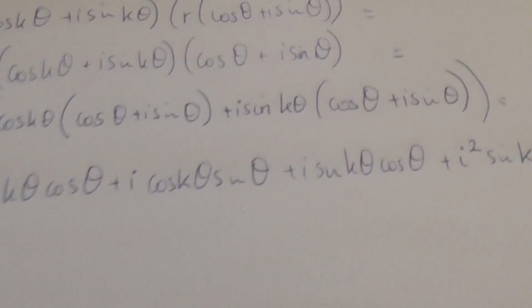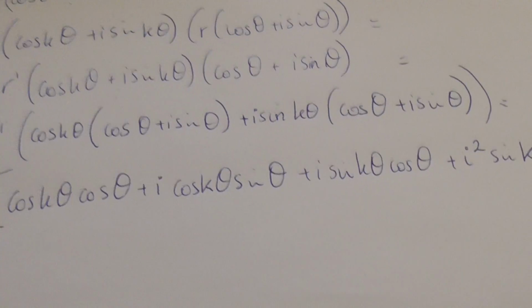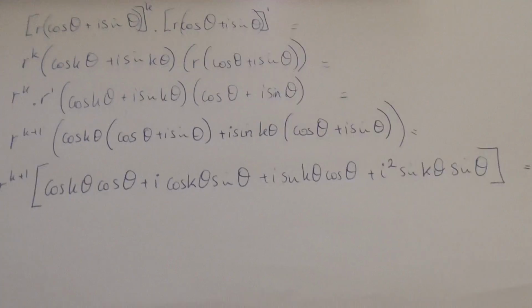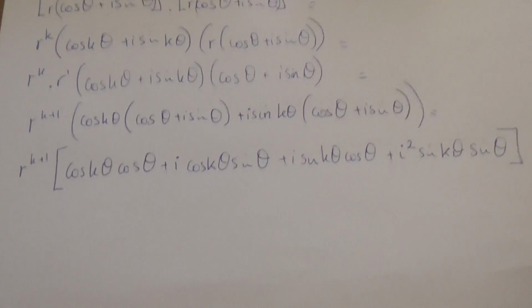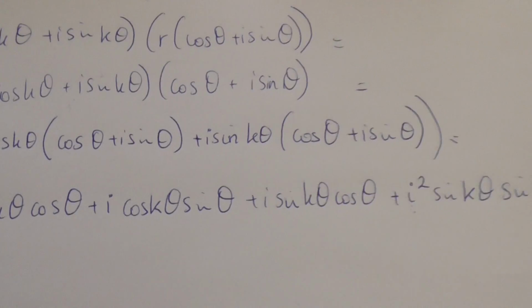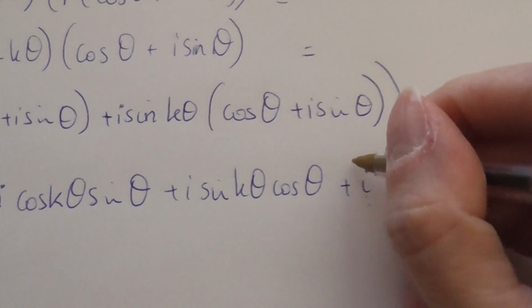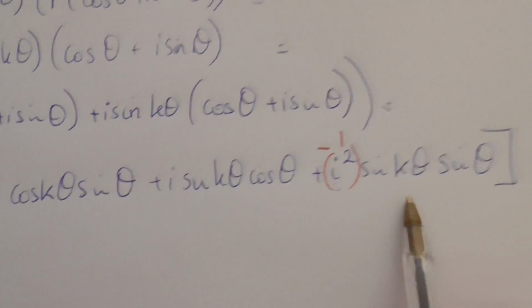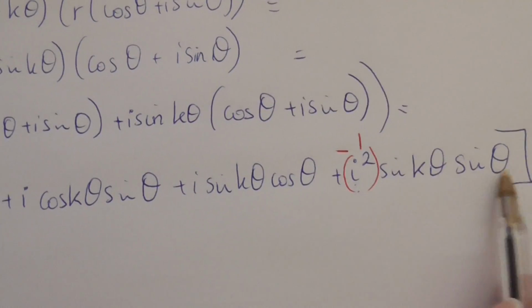Alright. Okay, so let's start tidying things up. Now, group your real parts together and group your imaginary parts together from this. Okay, so if I just remember now, i squared is minus 1. So if I just even scribble that in on top of that, that's going to end up being minus 1 times sine k theta sine theta. So the i is gone from that.